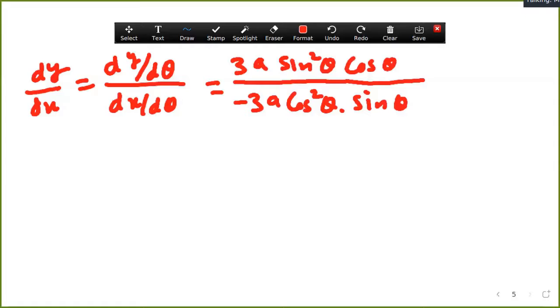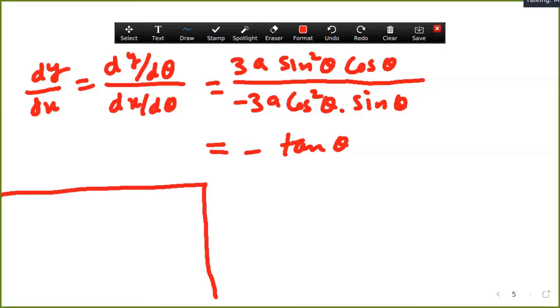What will you get? You will get minus of tangent theta. You can cancel the powers. Or what is tangent theta? As you know, x is equal to a cos cube theta and y is equal to a sine cube theta.